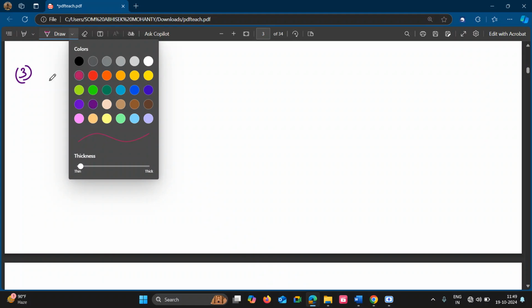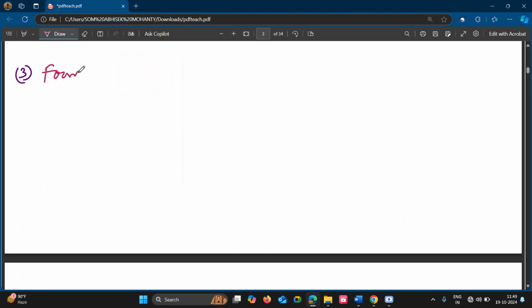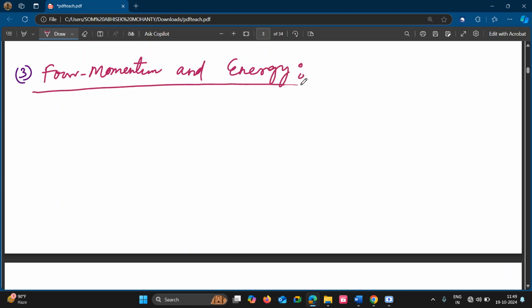Next is a for momentum and energy. Number three, for momentum and energy. Velocity, acceleration, now momentum. Again, we will take it in a covariant formalism.